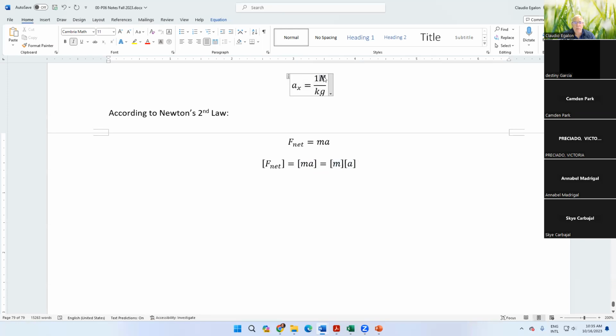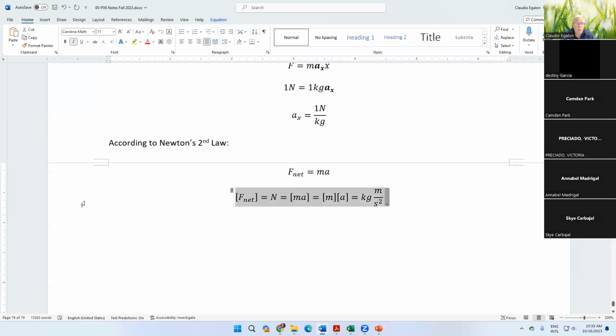Because there is a relationship between Newton, kilogram, and second. The unit of mass is kilogram. The unit of acceleration is meter per second squared. And let's not forget that the unit of force is the Newton. So we end up with this dimensional relation.